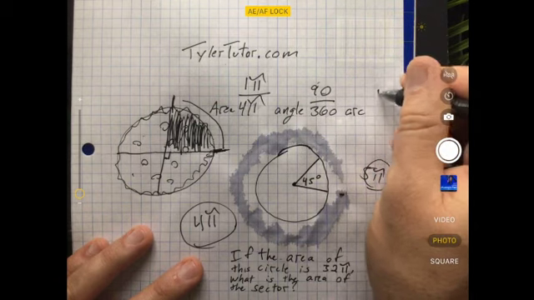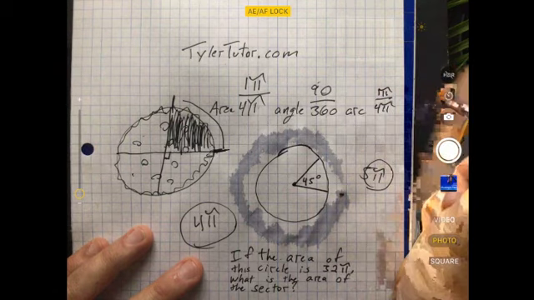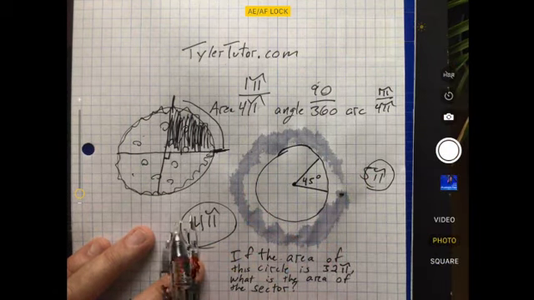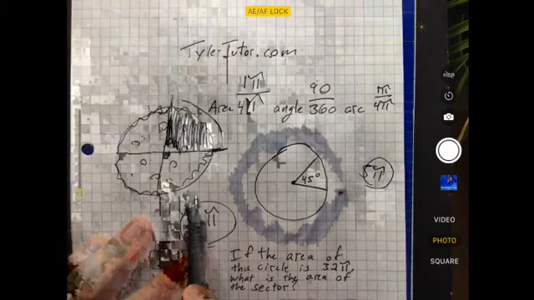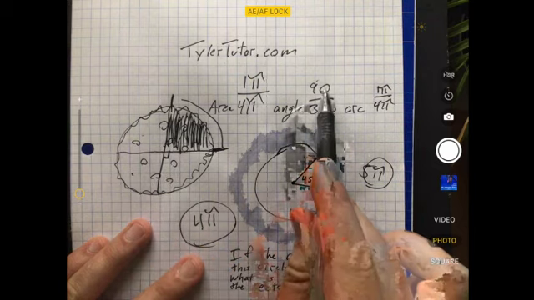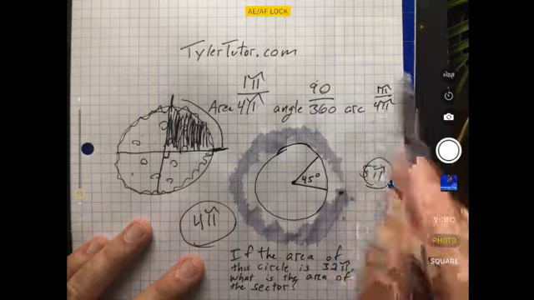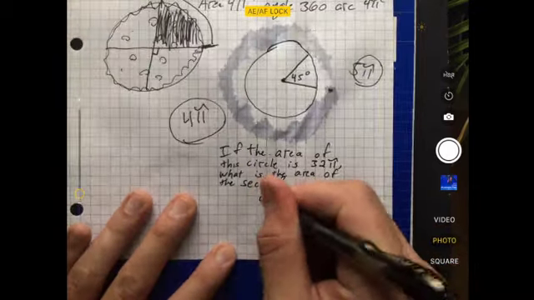So we can find the area of a sector in a lot of different ways. If you're only given the area of the sector and the area of the whole circle, I could probably tell you what this angle is, because this is 1/4, this is 1/4, and this is 1/4. So dealing with this, we know that the internal angle is 45 over 360, and that simplifies to 1/8.